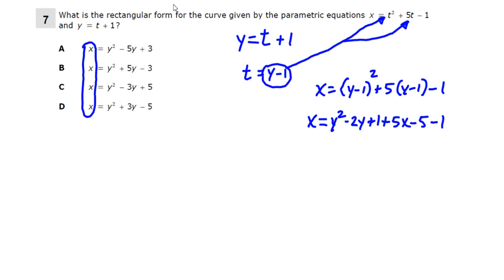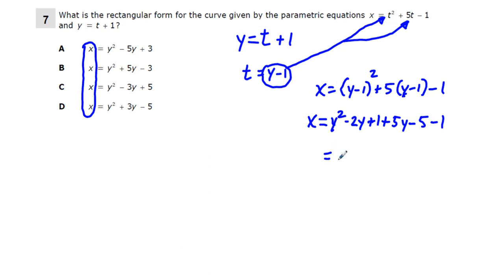Except I put the wrong thing in there, right? It should be y, not x. There we go. Now that looks better.